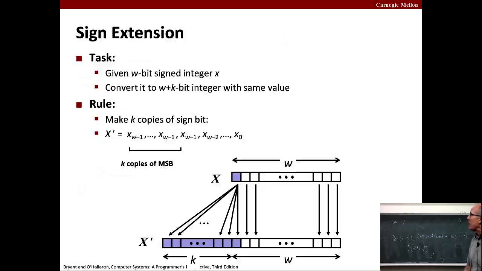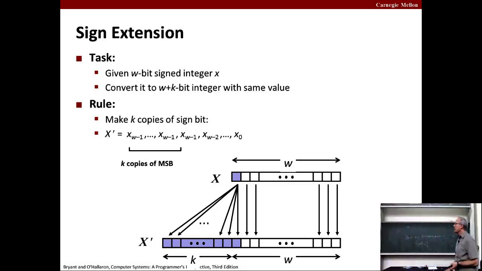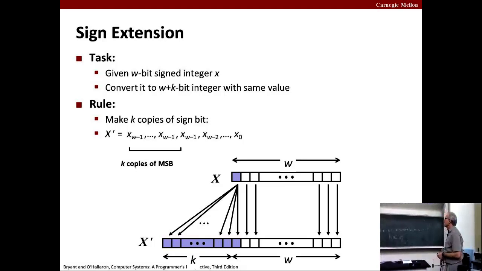Okay, so now let's look at a final class of operations. Suppose I have a number that's so many bits, say 8 bits, and I want to now expand it to be a 16-bit number. There's a fairly cute rule for doing this that's called sign extension. I'm talking about 2's complement numbers here, of how you take a number and make it bigger without changing its value.